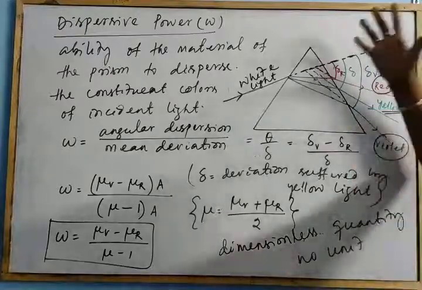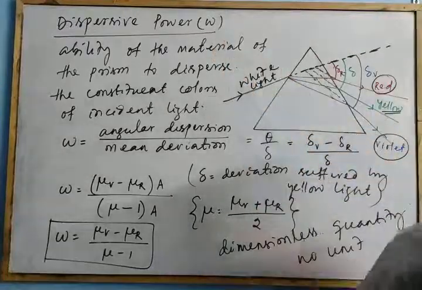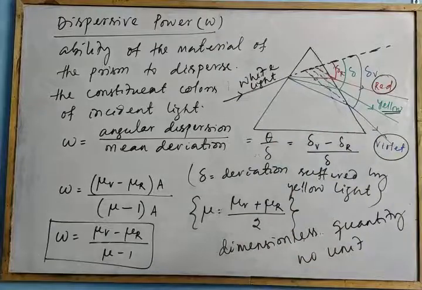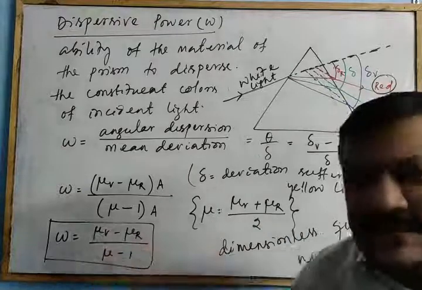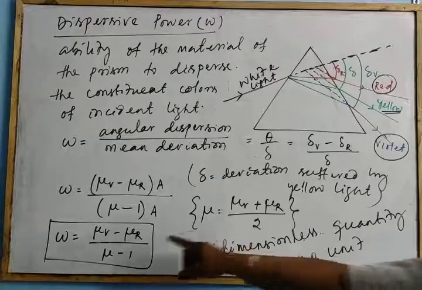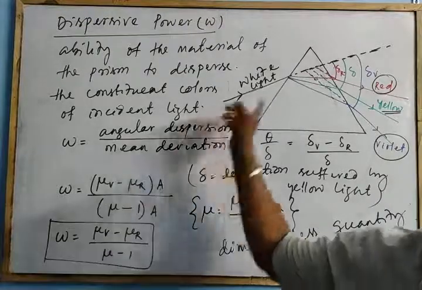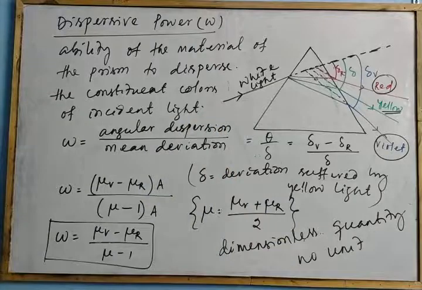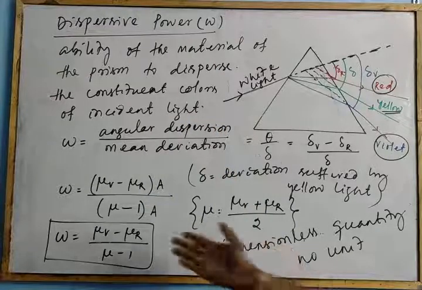So the dispersive power measurement gives us this idea. And the dispersive power of a prism is positive, because the refractive index of the material of the prism for violet color is more than for red color.